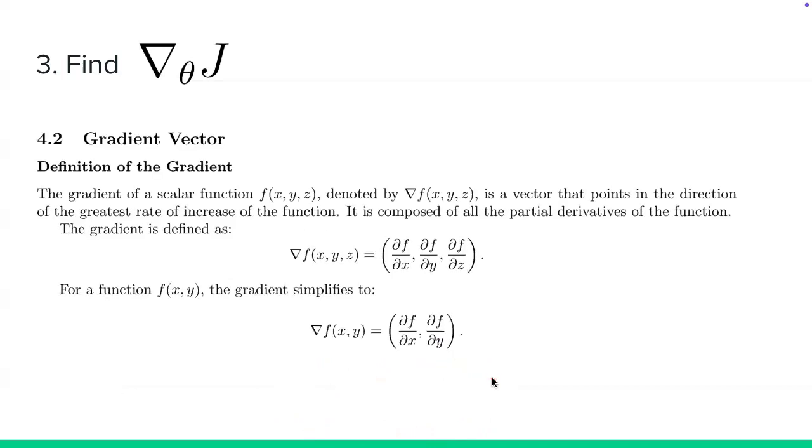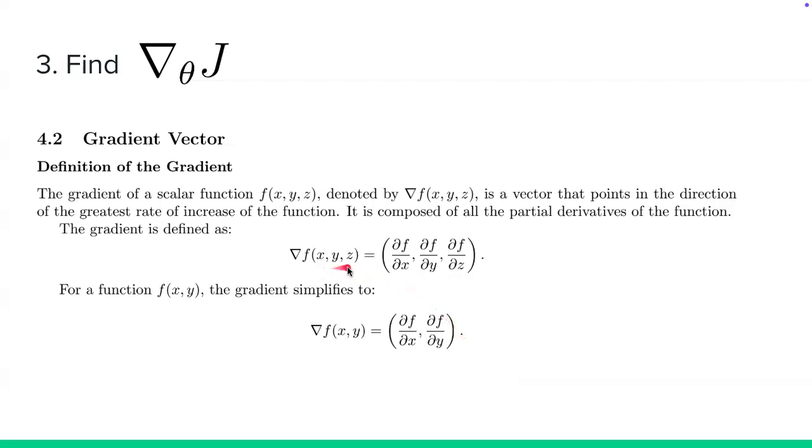So then what is a gradient? A gradient is a vector that points in the direction of the greatest increase of the function. The gradient is just all the partial derivatives in one list together.